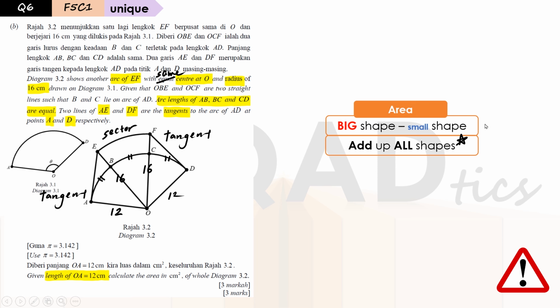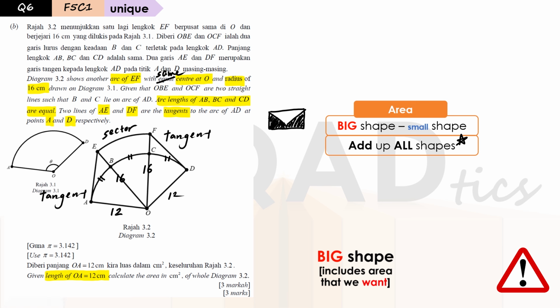Let me give you a simple example. Let's say we have this shape. Outside is a rectangle, and inside of it is a triangle, and we need to find the area of the shaded region here. How are we going to use the big shape minus small shape way? Big shape here refers to the recognizable shape that includes the area that we want, which is the shaded region.